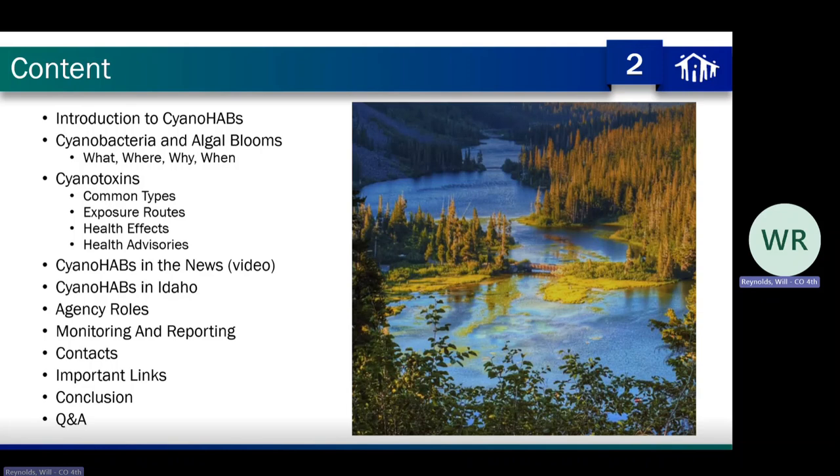We'll talk about cyanotoxins. So these are toxins that come from some cyanobacteria. Common types of toxins, exposure routes, health effects of different toxins, and when health advisories are issued related to these toxins in recreational water bodies and drinking water systems.